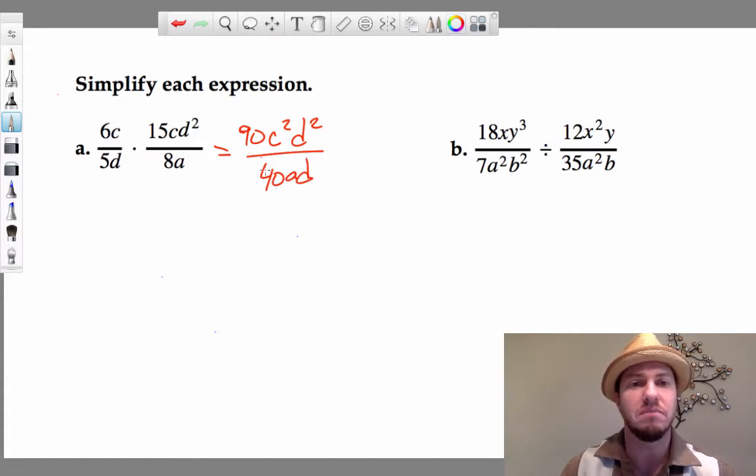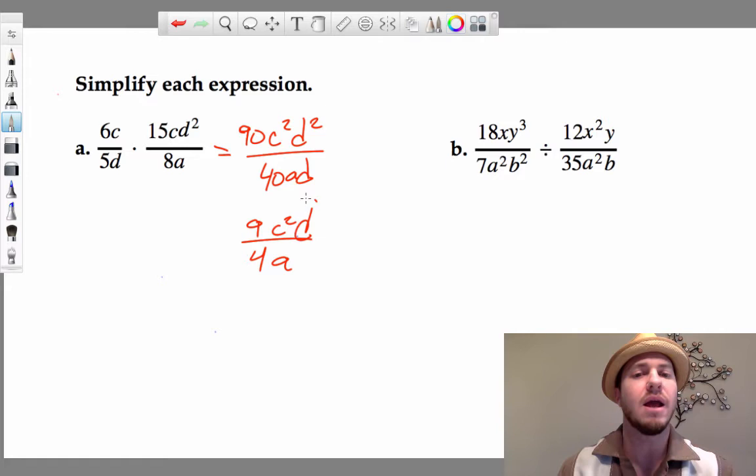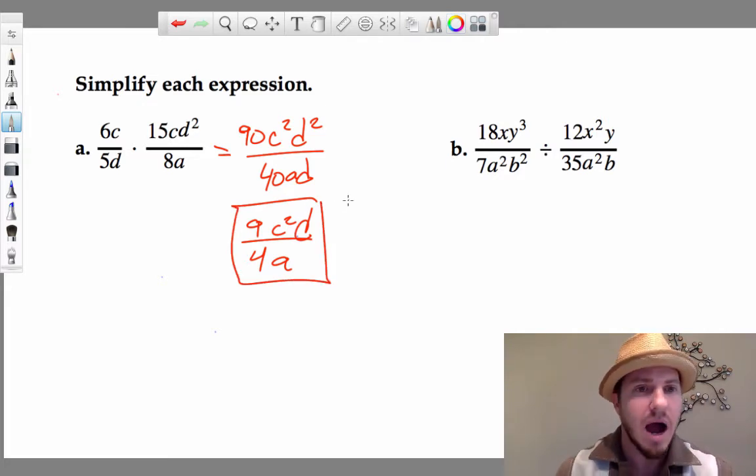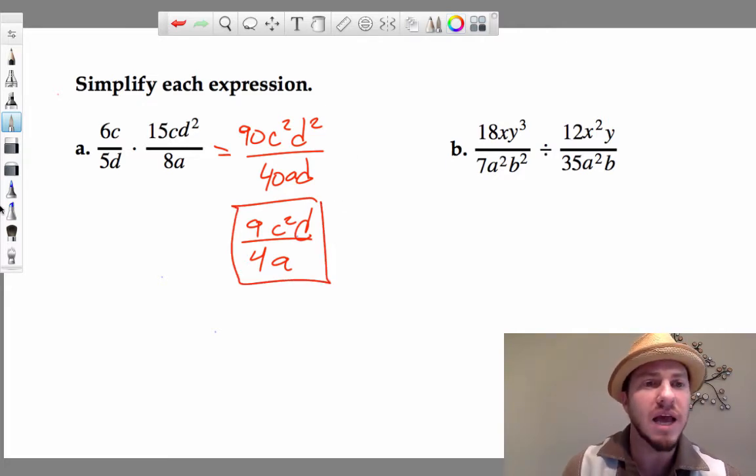These will reduce by 10, so that becomes 9 over 4. The C squared has nothing to cancel out with. The A has nothing to cancel out with, but the D does. And remember, you're subtracting your exponents here, so that's D to the first on the top, and that's what I get. I can also do it by cross cancel.